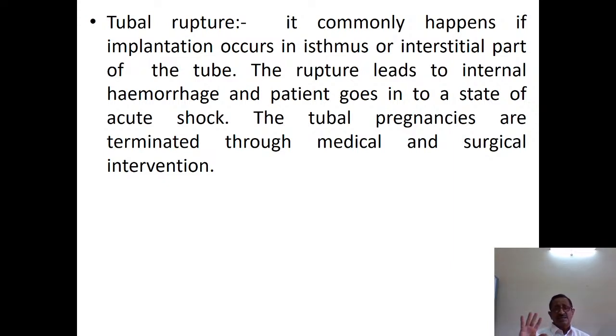Tubal pregnancies are terminated through medical and surgical interventions. Not after rupture. If after rupture, it is only surgical intervention that is needed in case of tubal pregnancy. And before that, there is a chance that a medical intervention can be done to remove this tubal pregnancy.